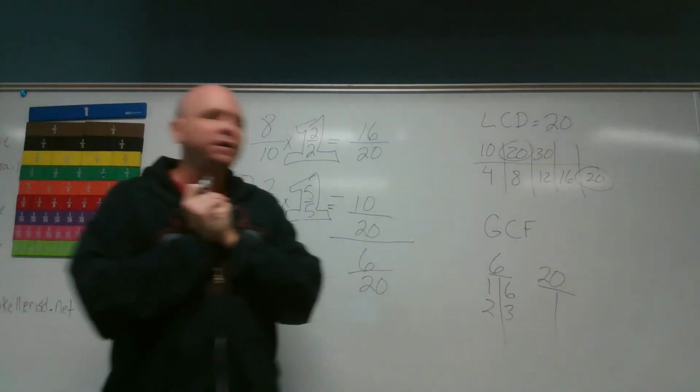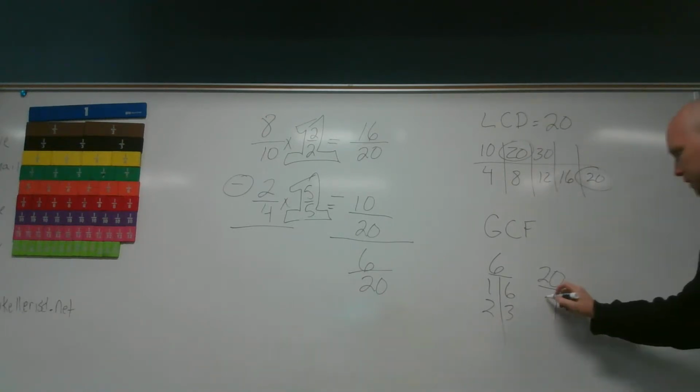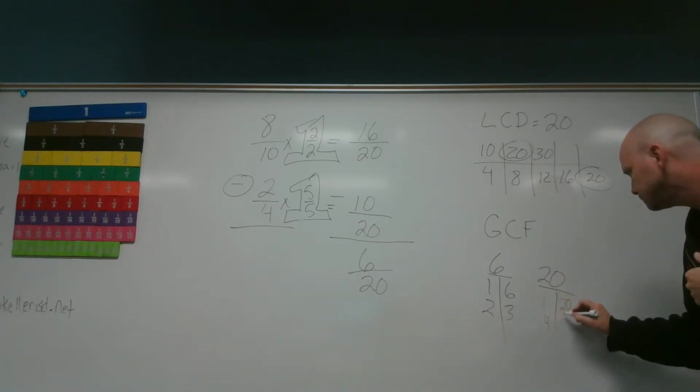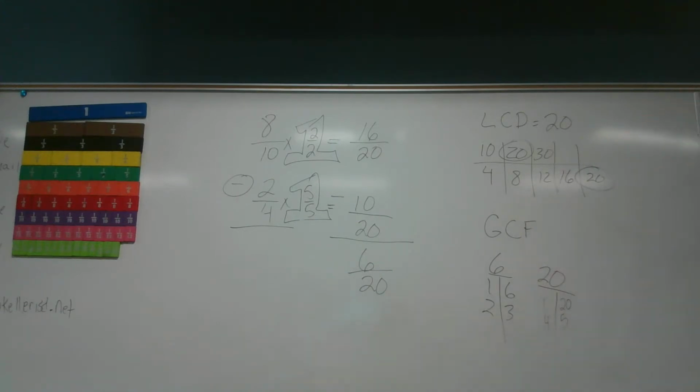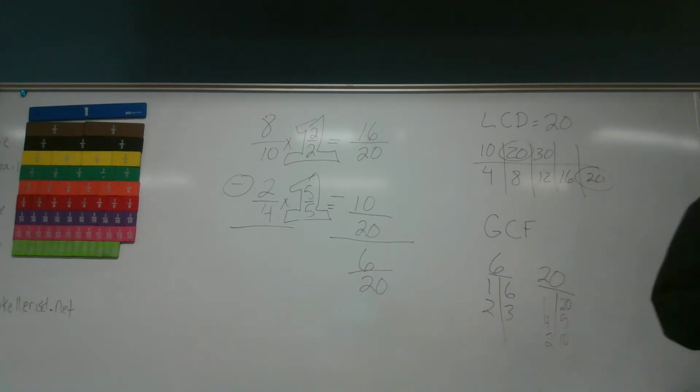My factor pairs for 20, Izzy? 1 times 20. 4 times 5. 5 times 4. 10 times 2. 2 times 10. Awesome. And that is all of them.